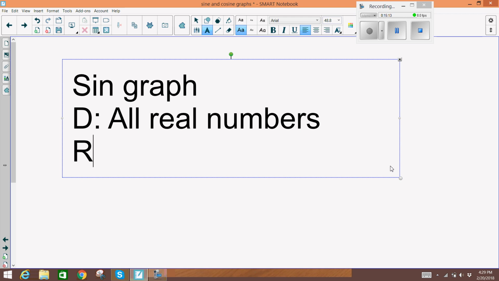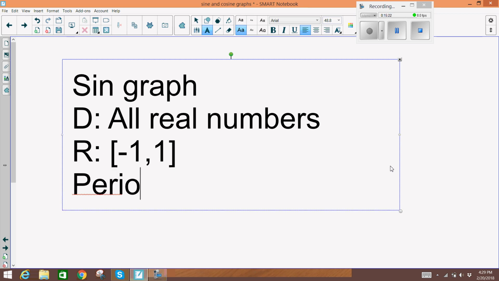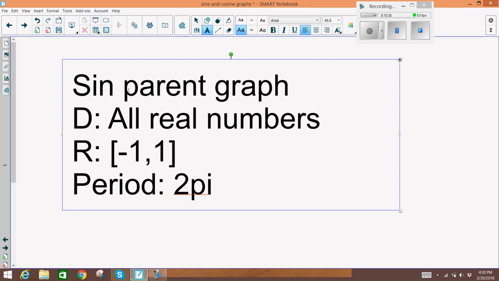And a range from and including -1 to 1. Okay, and the period, the general parent graph period, is 2 pi. It's a pain in the neck to get that symbol. Okay, and I'm going to write up here sine parent graph.